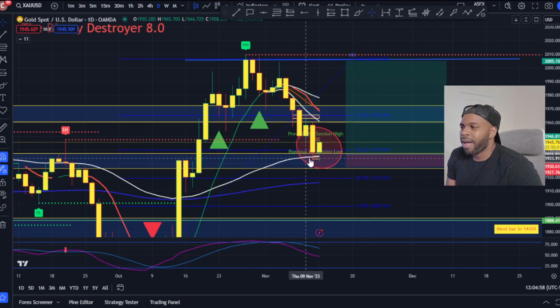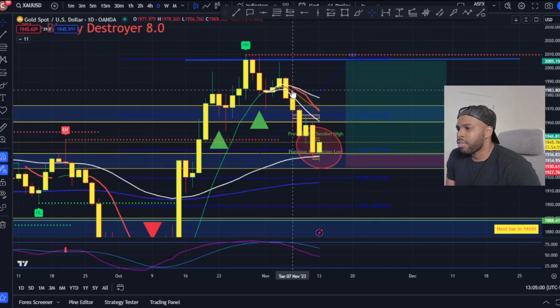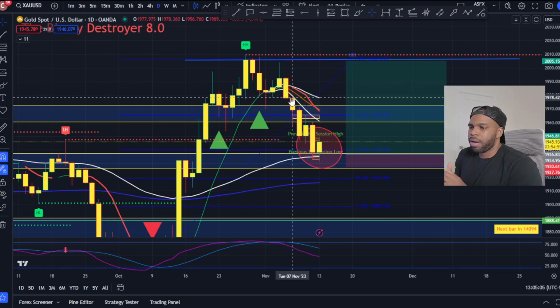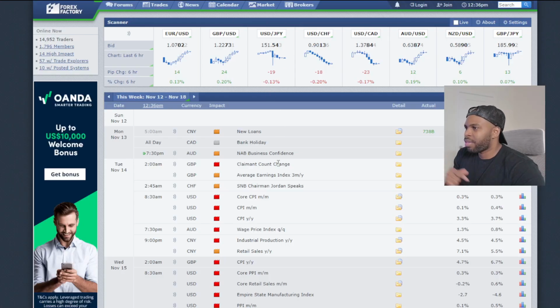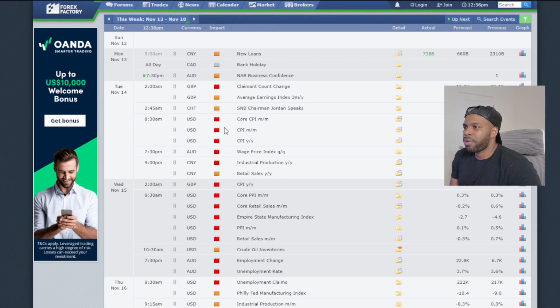And it's creating higher highs and higher lows on the higher time frames. So this is perfect, all right. But like I said, the CPI data that's coming out Tuesday at 8:30 a.m. for the U.S. dollar can definitely change things around if it comes out higher. So pay attention to that.